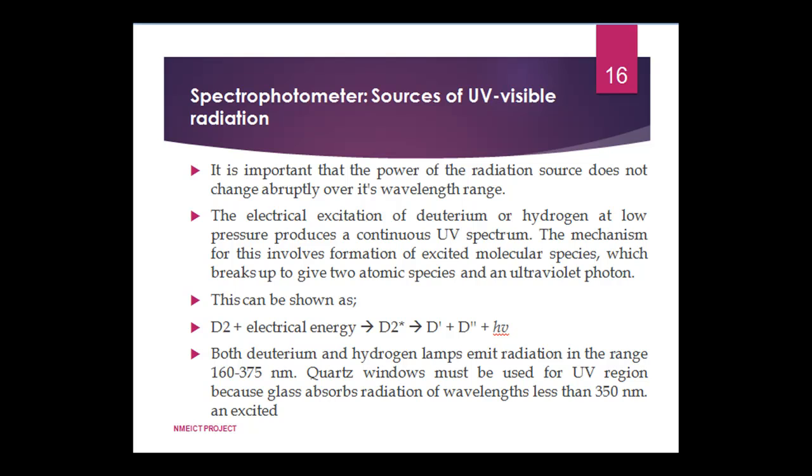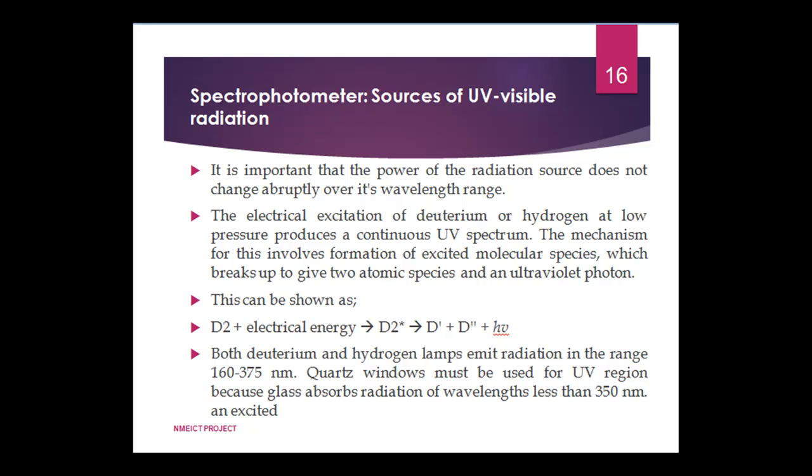For emission of UV light, we use a D2 lamp. The molecular excitation of a deuterium or hydrogen lamp at low pressure produces a continuous UV spectrum. It is based on the formation of an excited molecular species which breaks up to give two atomic species and an ultraviolet photon, which is shown in the following figure.